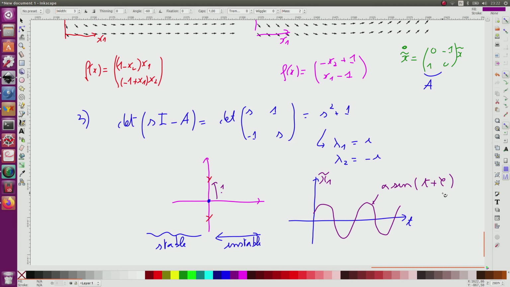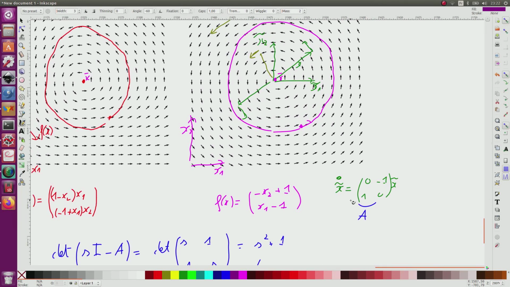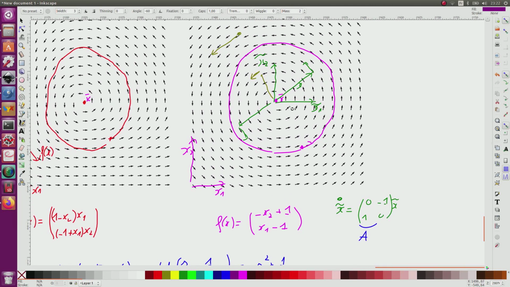Okay, so this oscillation corresponds to an oscillating trajectory, and in the state space, the green one, I will obtain a disk like this, and the projection of this disk like this with respect to time t.